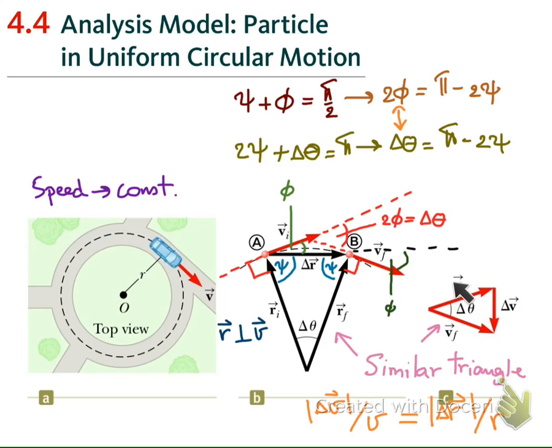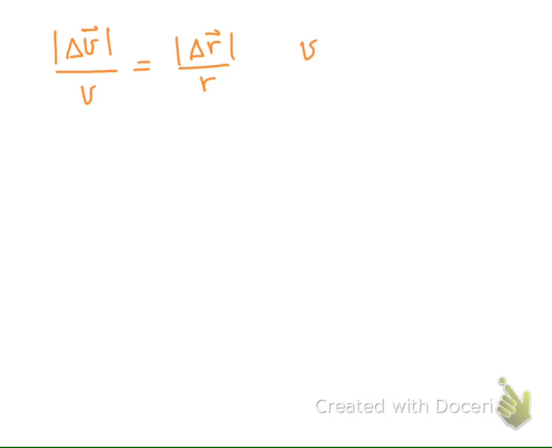So the length of V and the lengths of VI and VF are equal. So V is equal to VI and also equal to VF, and R is equal to RI and also equal to RF.